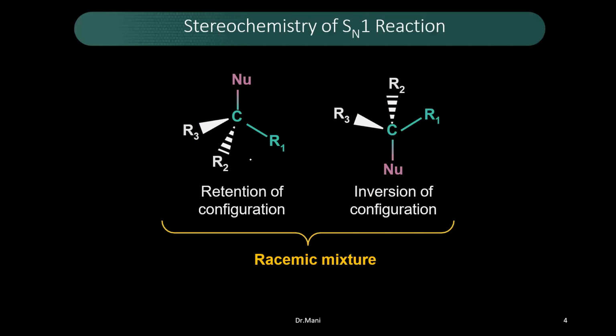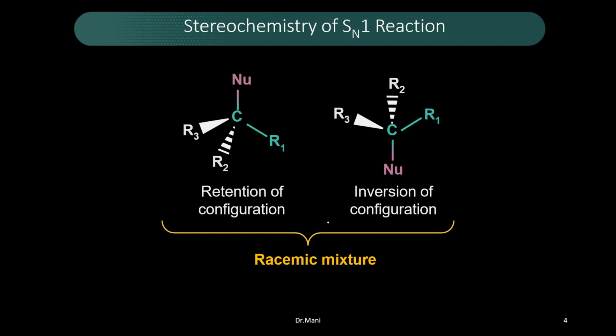Next one, you see here. This is the retention of the configuration, where the nucleophile attacks from the same direction. And here there is an inversion of the configuration, where the nucleophile attacks from the bottom. So this is called partial racemization. Here you are getting retention of the configuration as well as inversion of the configuration.